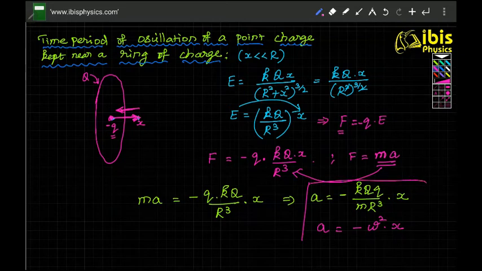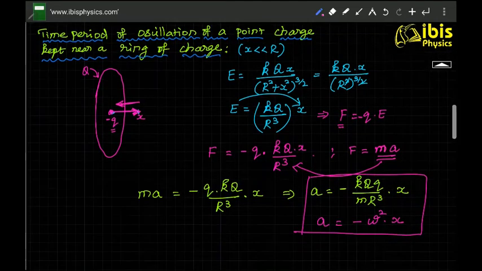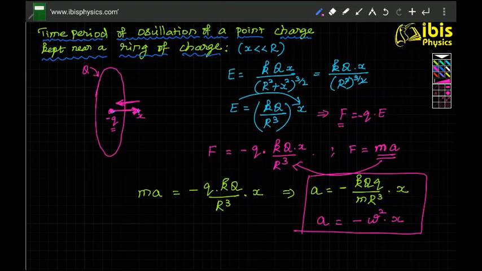Comparing these two equations, the acceleration of a charge kept near a ring is minus k q q by m r cube into x, but the acceleration of a simple harmonic oscillation is minus omega square x. Comparing these two, we get to know that omega square for this point charge kept near a ring is k q q by m r cube.